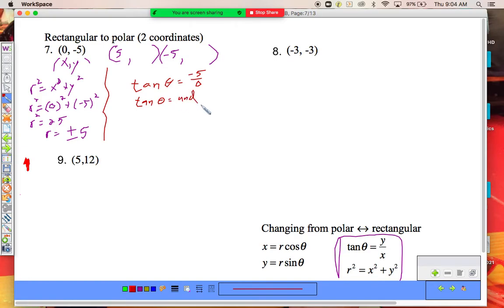Because you guys know you're not allowed to divide by 0. You can't take a pizza and cut it into 0 pieces. It doesn't work. So, where is tangent of theta undefined? What two angles will I have where my tangent's undefined?